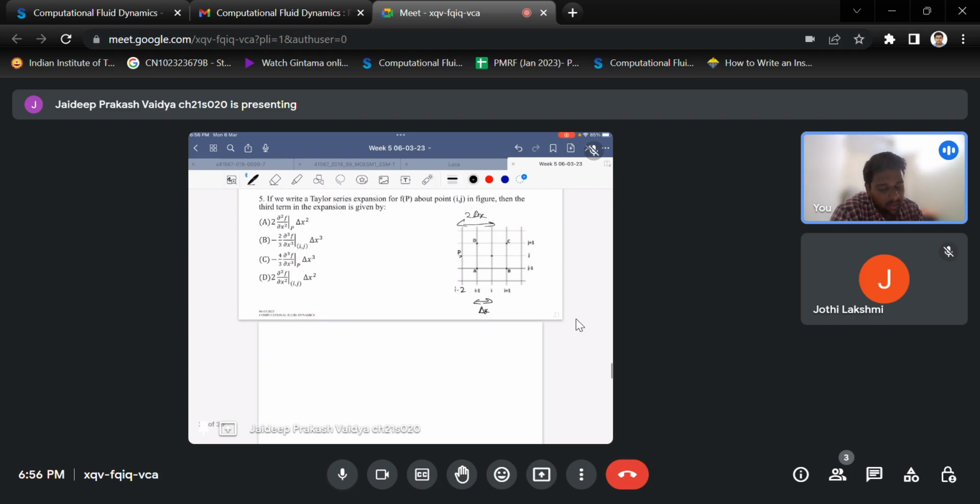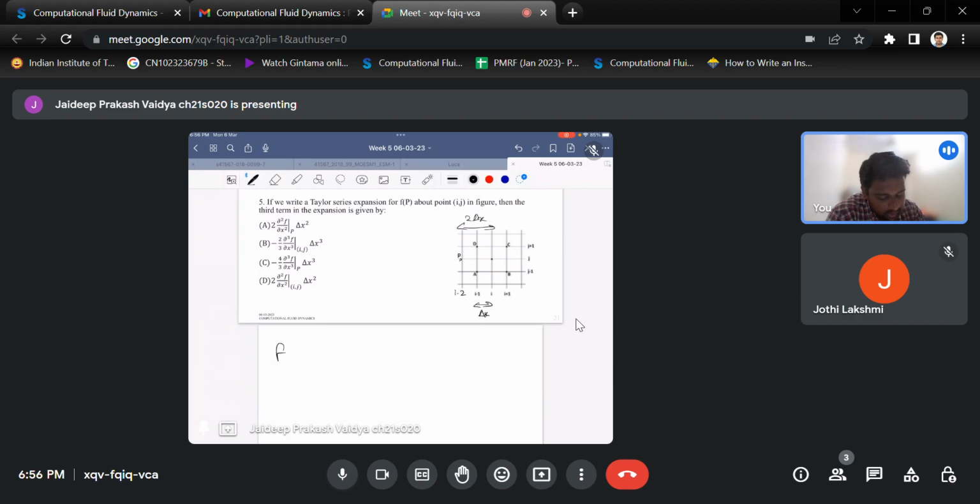So we have to write down what the function is using the Taylor series expansion. So f at P is given by f at x, again using the Taylor series expansion. Instead of putting delta x, we put minus 2 delta x, since this is in the negative x direction because i minus 2 is coming.